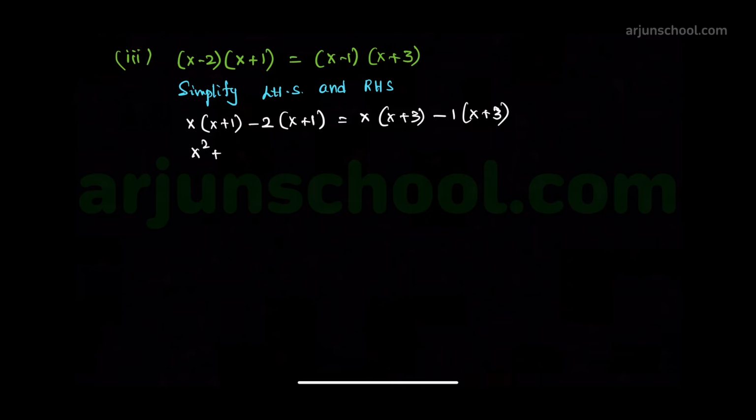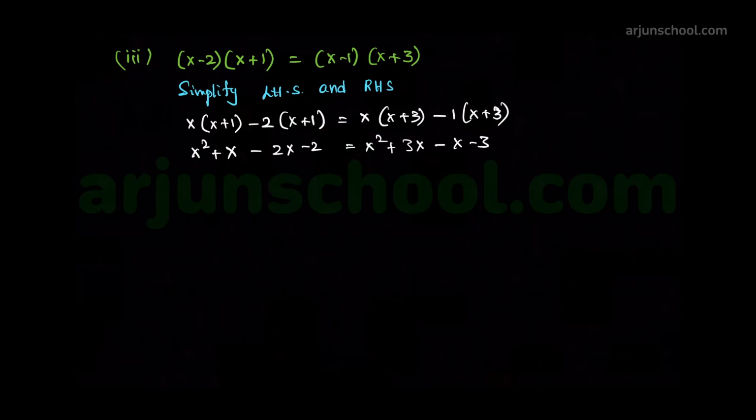X into x plus 1 is x square plus x. Minus 2 times of x plus 1 is minus 2x minus 2. X of x plus 3 is x square plus 3x. Minus 1 of x plus 3 is minus x minus 3.